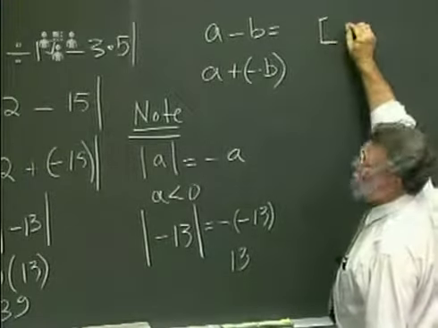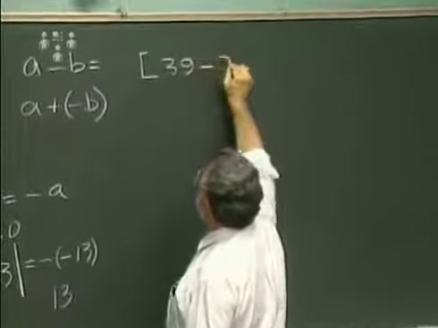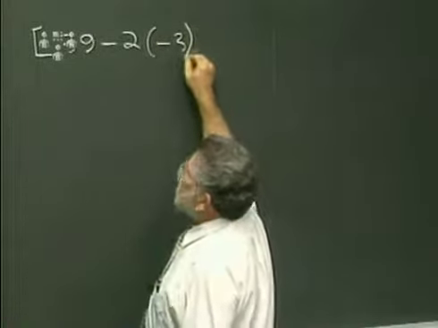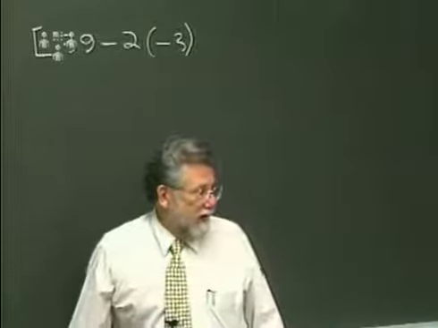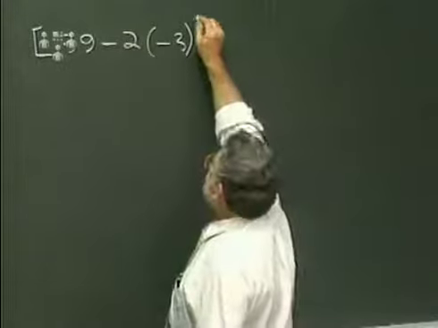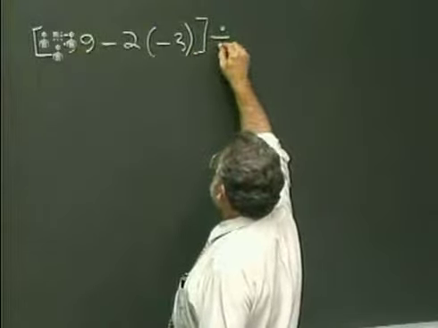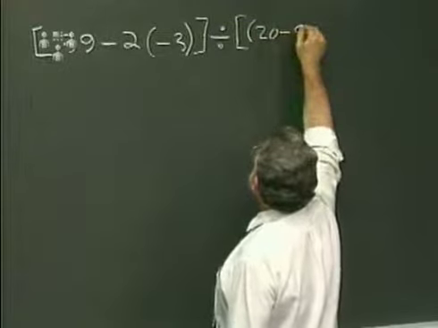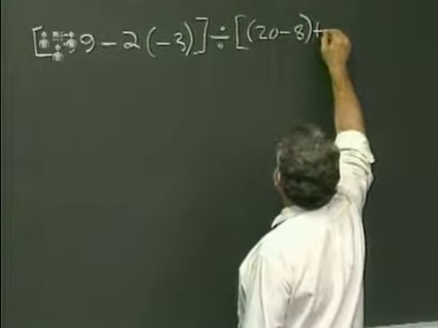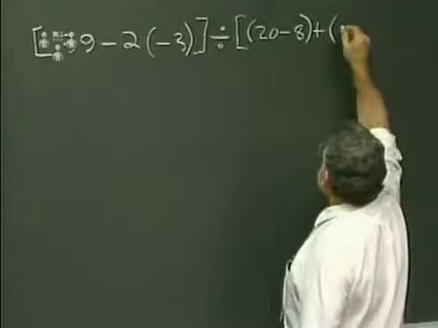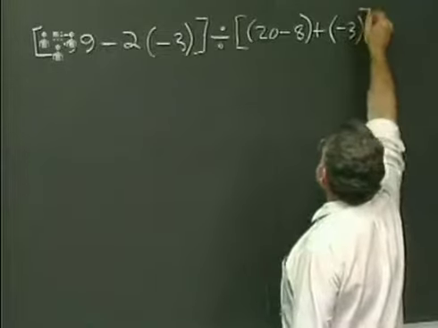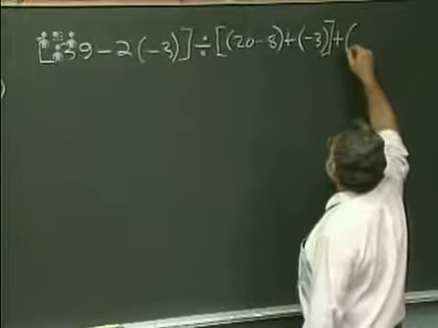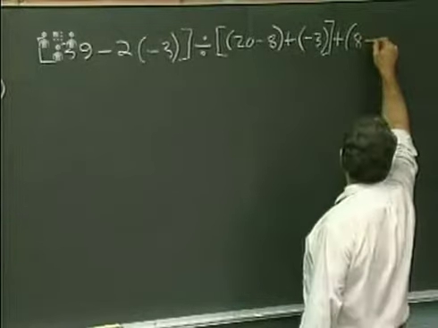Bracket, 39, minus 2, parentheses, negative 3, close bracket, divided by, open bracket, open parentheses, 20 minus 8, close parentheses, plus open parentheses negative 3 close parentheses, plus, open parentheses, 8 minus 3.